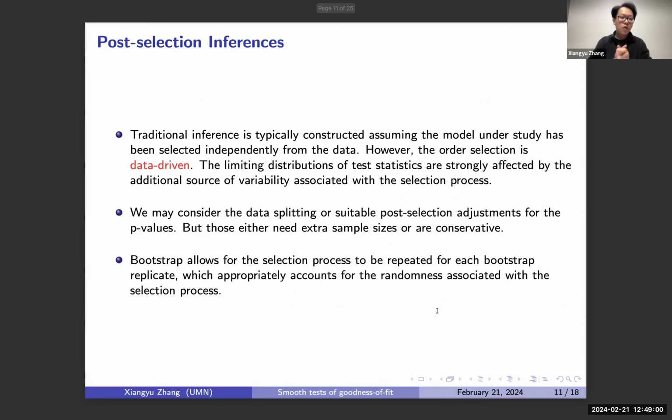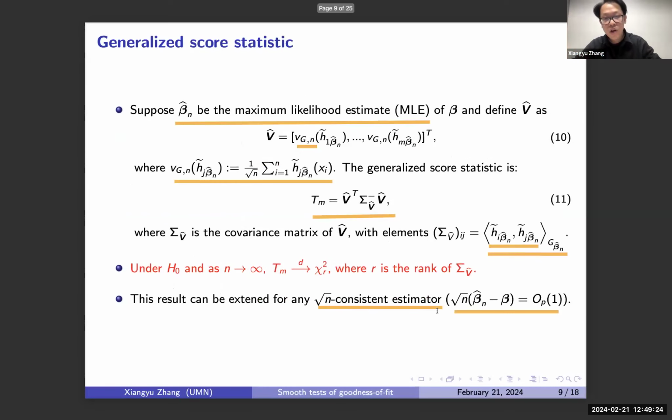If we perform this order selection criteria, indeed we can meet some problems if we use the same set of data to perform the model selection and to perform our tests or inferences. Because under this scenario, your test statistic will no longer be this Tm.